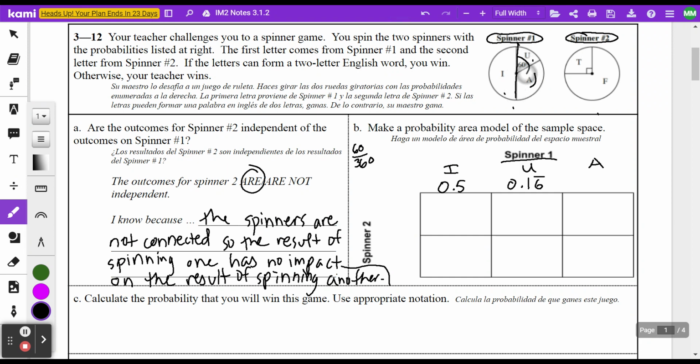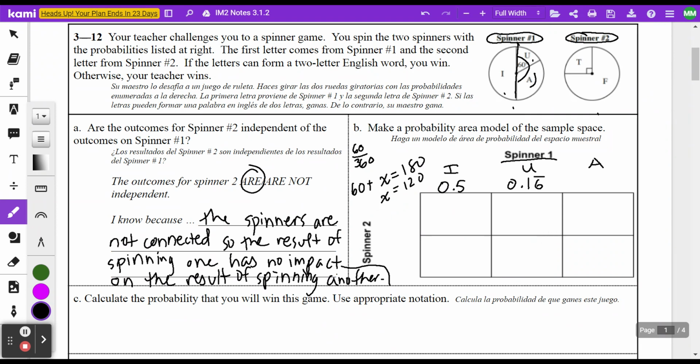Now the probability of spinning A, well, I can see here that I have a straight line angle, so I know that the angles for U and A would add to 180. So I have 60 plus, I'll call it X, equals 180. That gets me that X is 120.